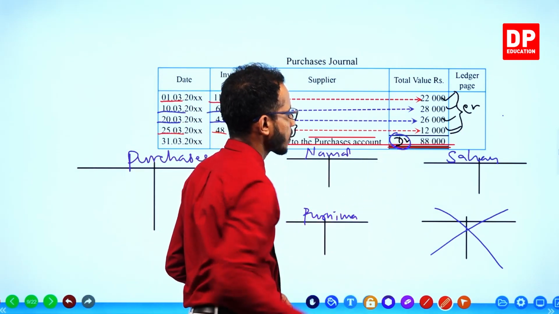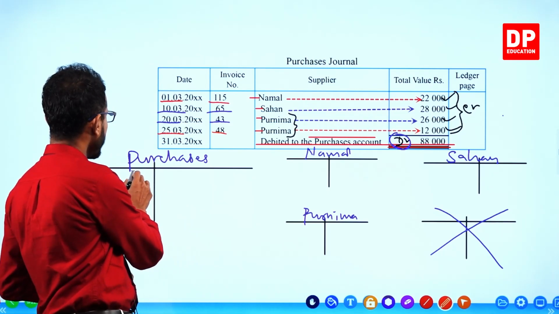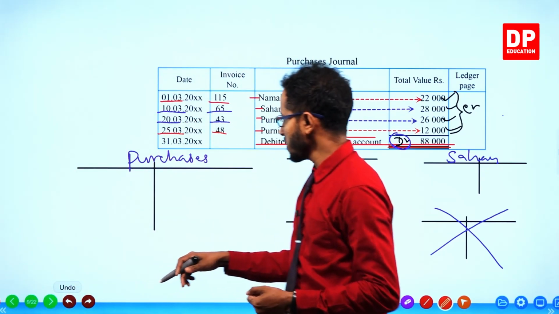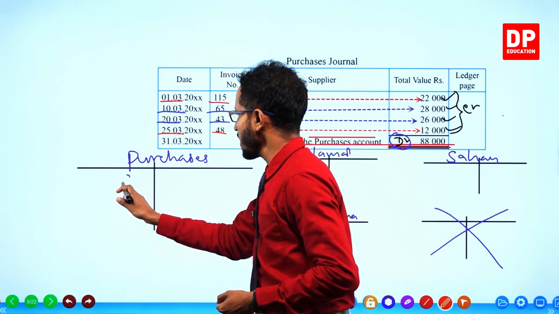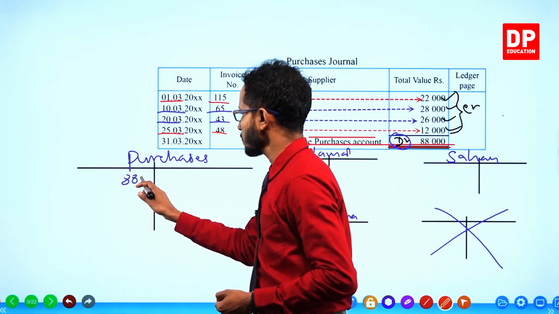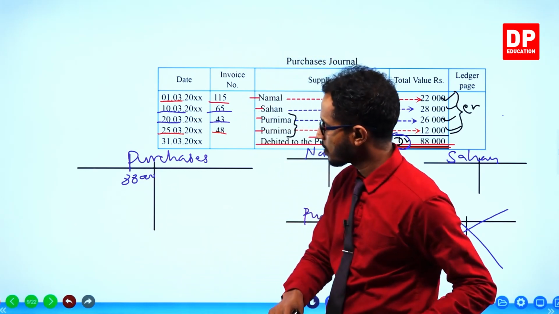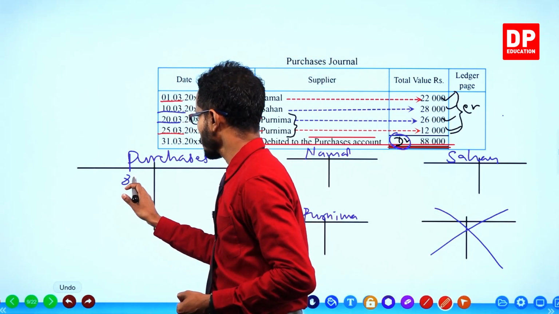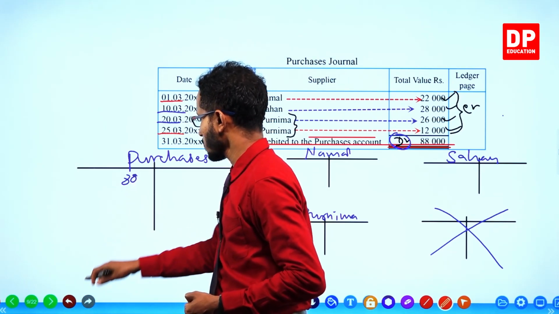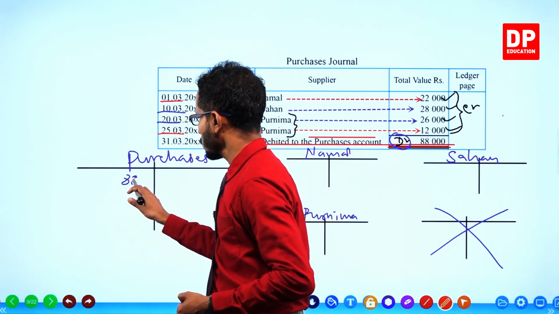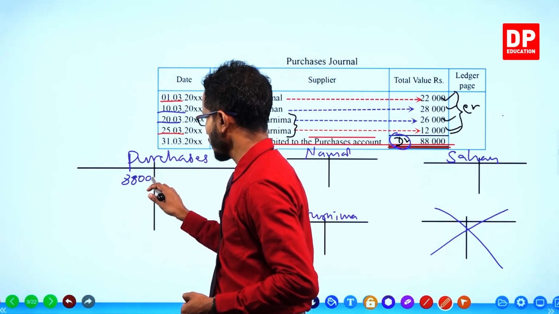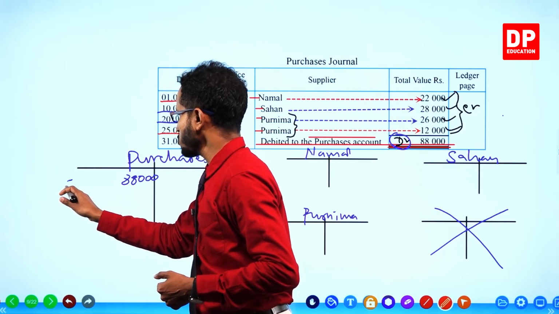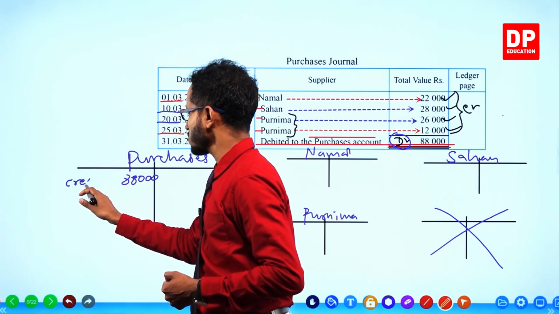See? So you debit 88. I'll move so you can see it. I hope it's clear to you. It's 88. The description should be creditors.